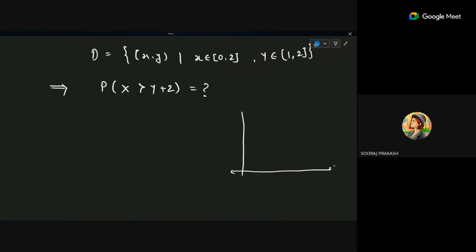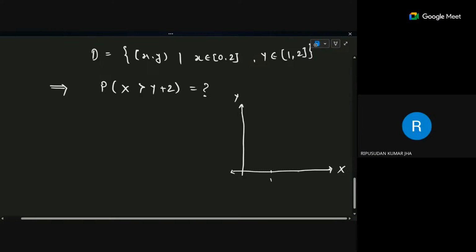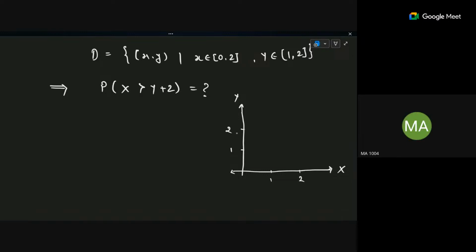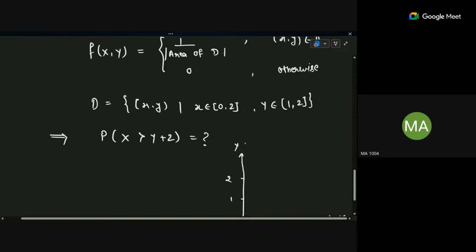Okay, this is x, this is your y. First, we will draw the line x is equal to y plus 2. Ma'am, will this probability be zero? Let's check it.